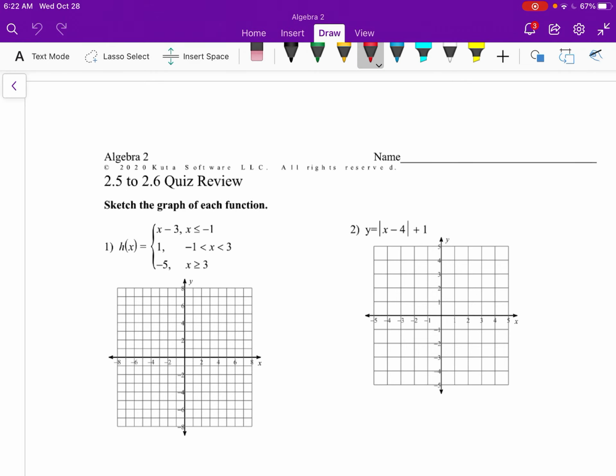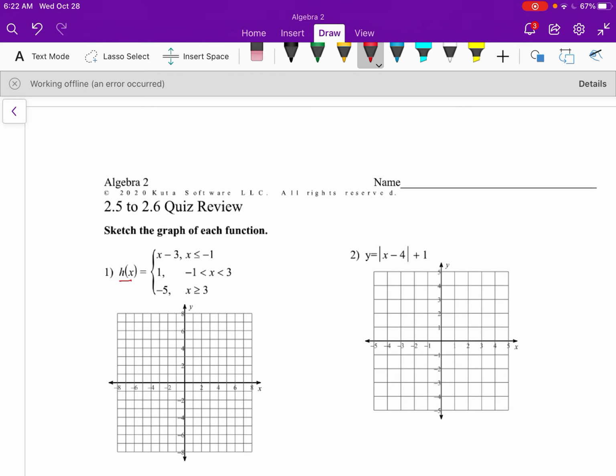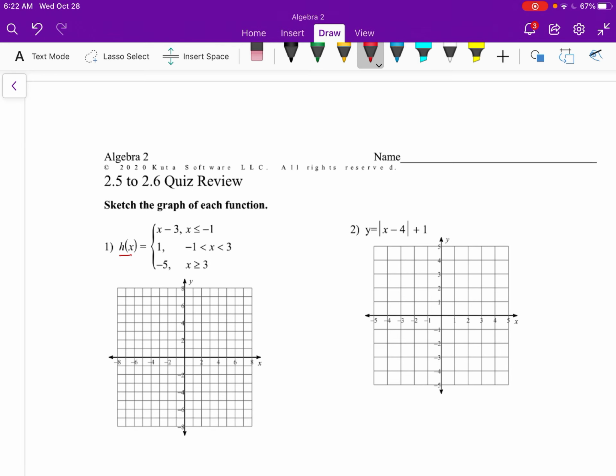And what we need to do is graph three functions in their three different sections. So this is h of x equals, and then our first one is x minus 3.